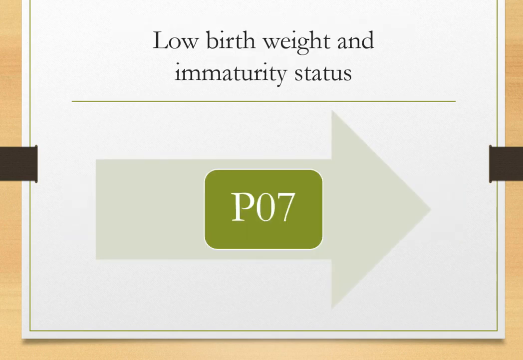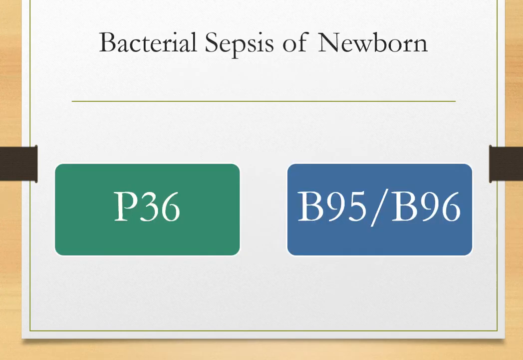Next up, we have low birth weight and immaturity status, which is category P07. These are for use for a child, watch this guys, a child or adult who was premature or had a low birth weight as a newborn, and that condition is affecting the patient's current health status.